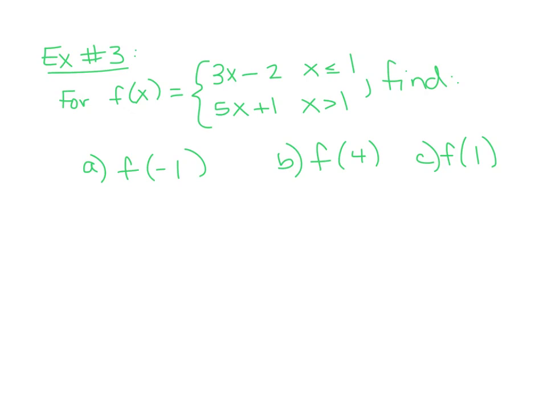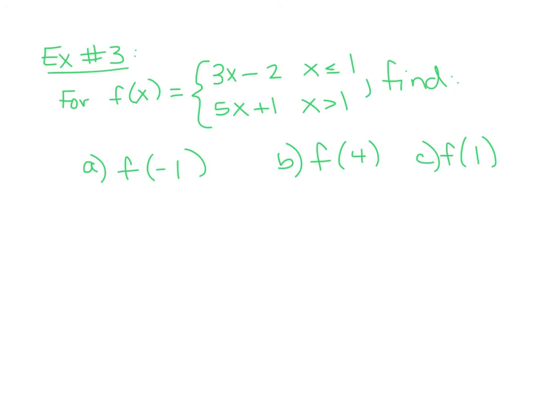The last example for this section is a lot less work because you don't have to graph anything, but people sometimes have trouble understanding what's going on. So we're going to take this function. The first thing we're going to do is evaluate f of -1.